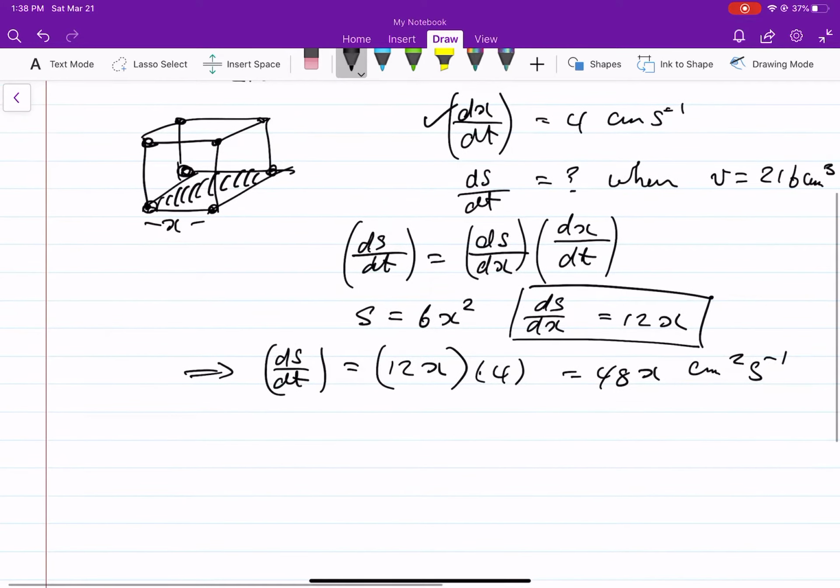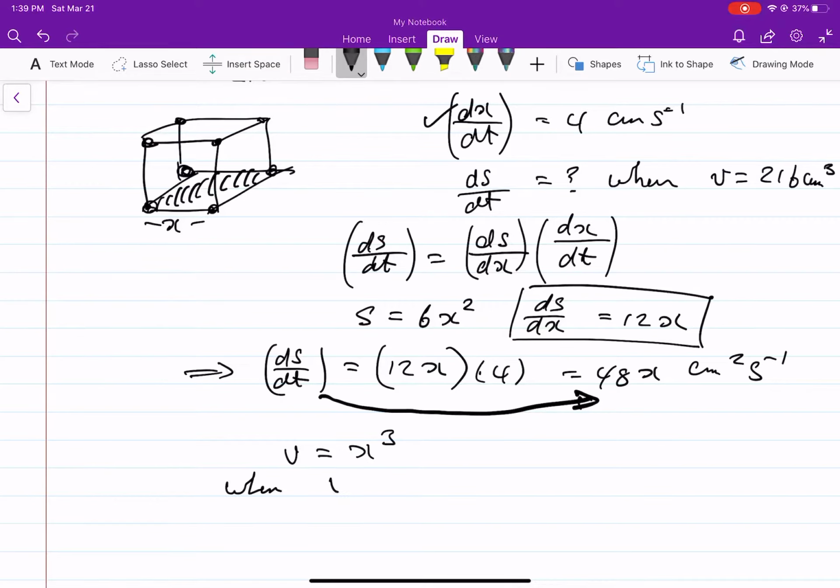Now, if you notice, the rate at which the surface area is changing with time is actually a variable rate. It depends on x. I want the rate at which the surface area is changing at the instant when the volume is 216 cm cubed. So, the volume of the cube is given by x cubed, that's obvious. And therefore, at the point when the volume is equal to 216, it implies that 216 is equal to x cubed, from which I can get x. x is the cube root of 216.